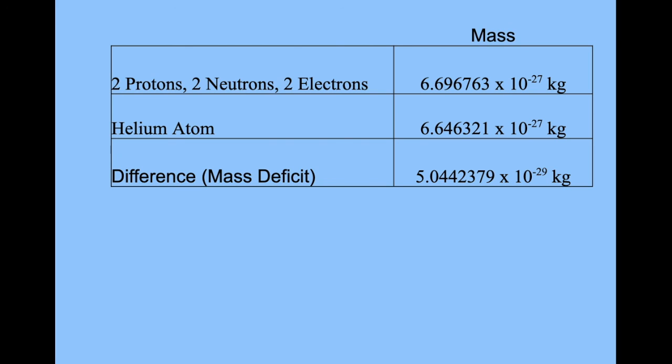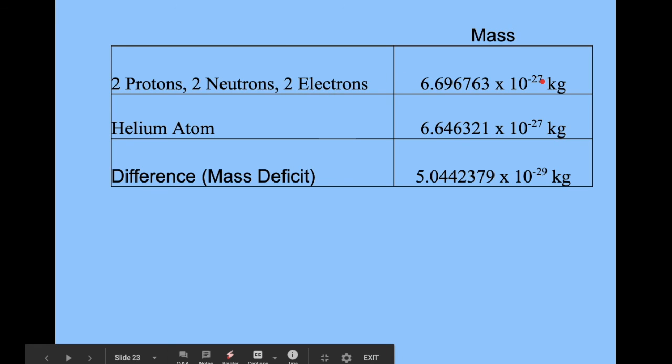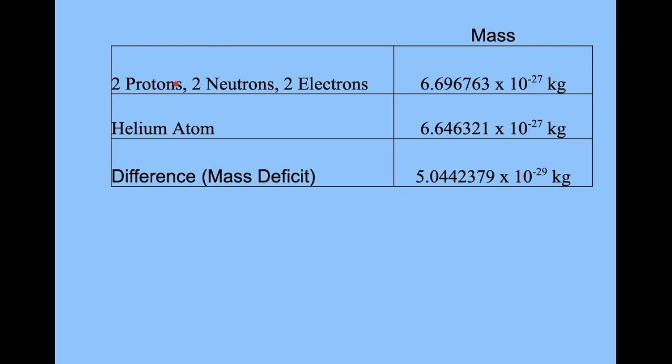So here's another way to look at it in SI units. Those are the masses of the 6 particles in kilograms, and again, you can get that off your reference table. 2 protons at 1.67 times 10 to the negative 27th. Add them all up. Here is the mass of that helium atom collectively. So there's my mass deficit. That's my difference in mass.